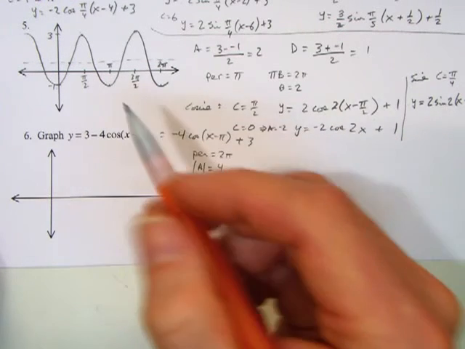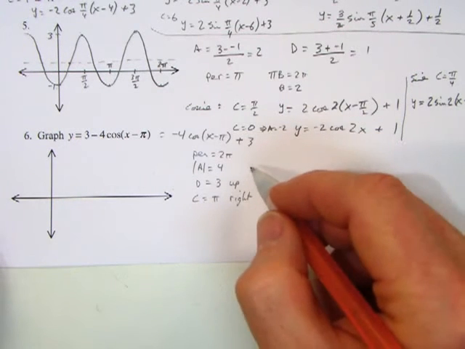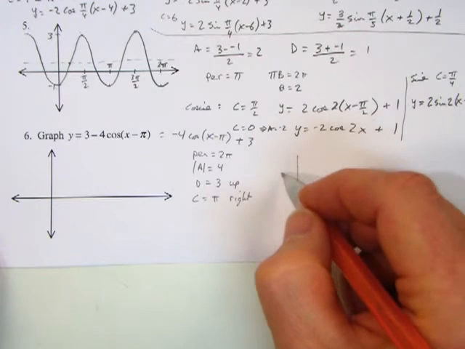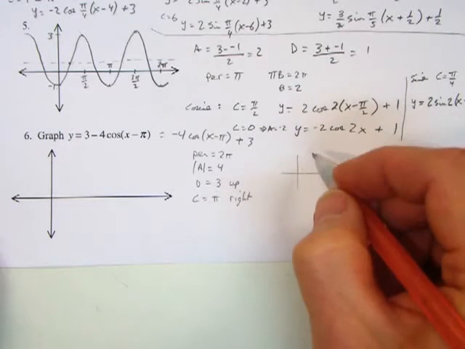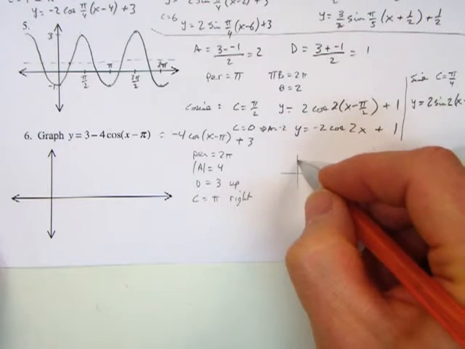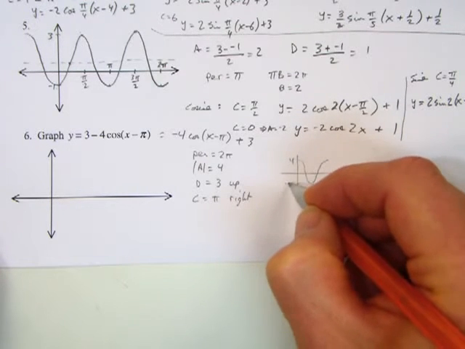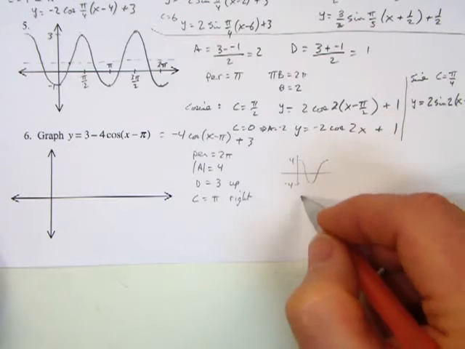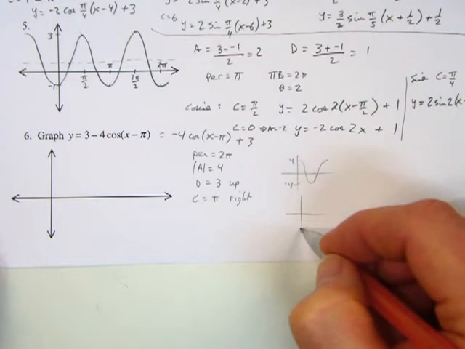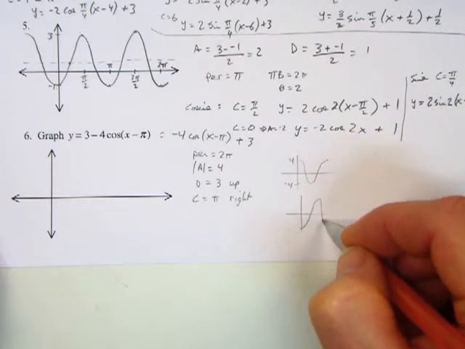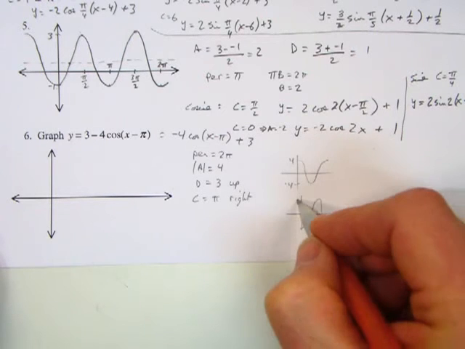So when we're dealing with just the multiplication part, it says our normal cosine starts like this, and this value would be 4 and negative 4, but then it's flipped over because that's a negative 4 coefficient.